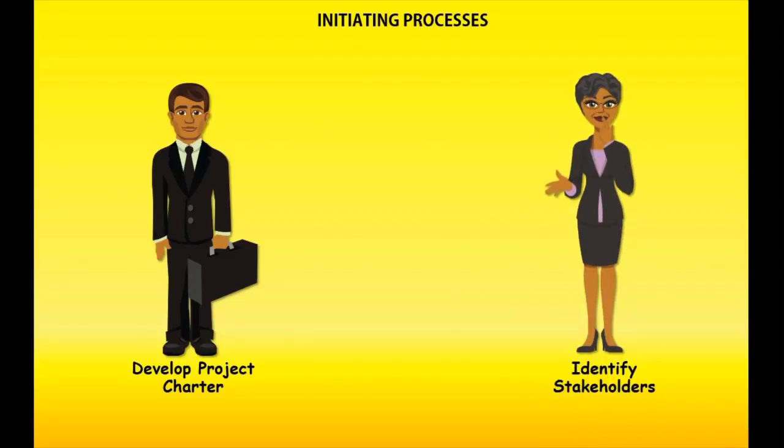In identify stakeholders, the project manager, along with other stakeholders, are identifying more stakeholders. What is a stakeholder? Anyone that the project could affect, and anyone who could be affected by the project, or anyone who perceives the project to be a threat to them, or maybe even an opportunity.